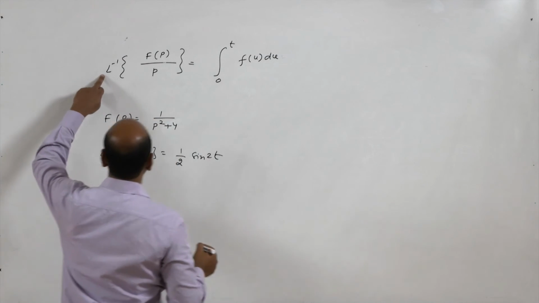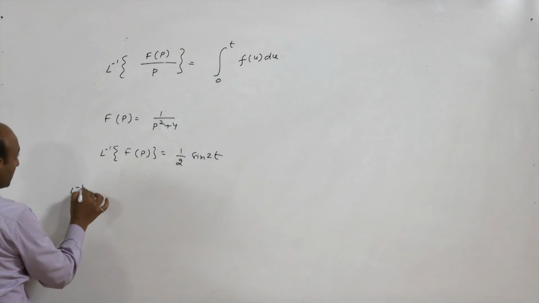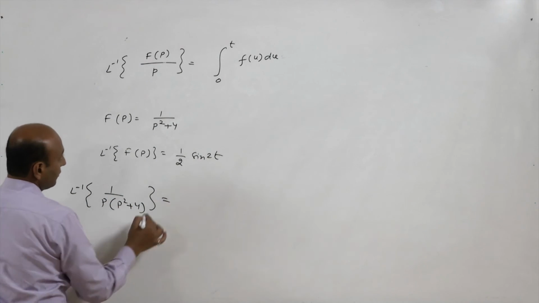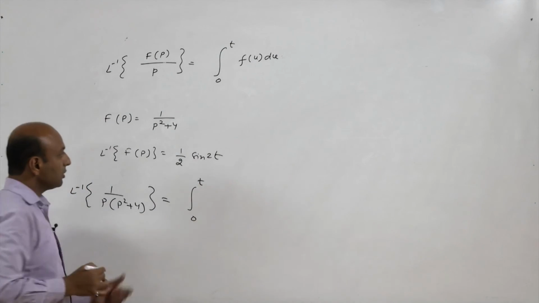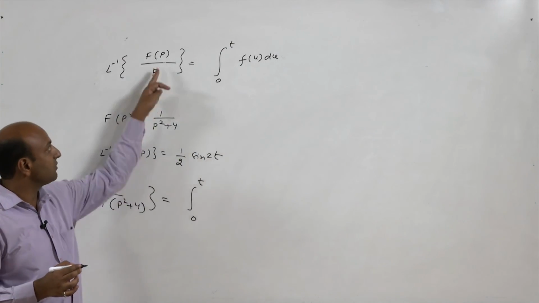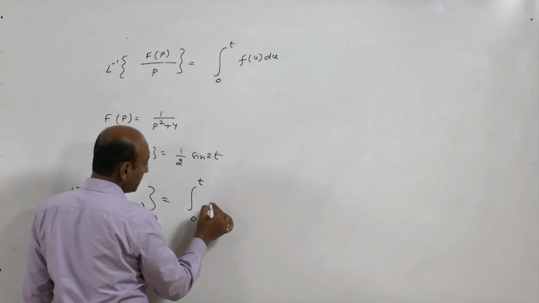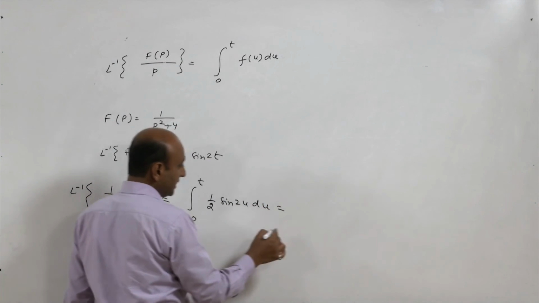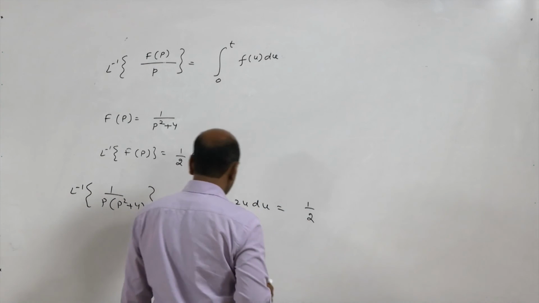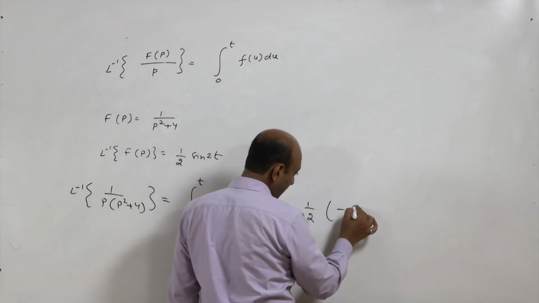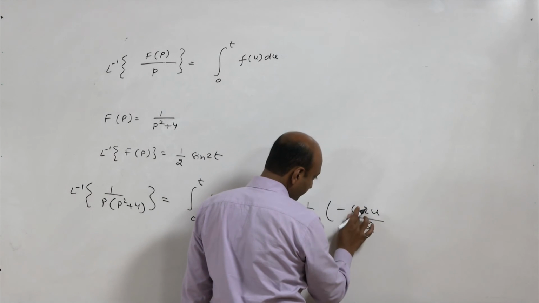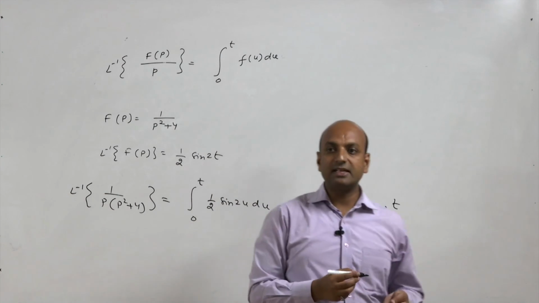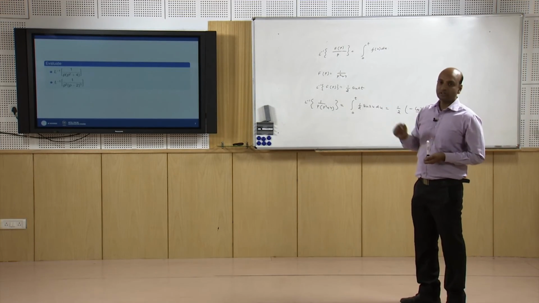If we put it here, the Laplace inverse of 1 upon p into (p square plus 4) will be nothing but the integral from 0 to t of 1 by 2 sin 2u du. So this we can easily integrate: 1 by 2 times the integral of sin 2u, which is minus cos 2u by 2, from 0 to t. So solving this we can easily find the Laplace inverse of the first problem.